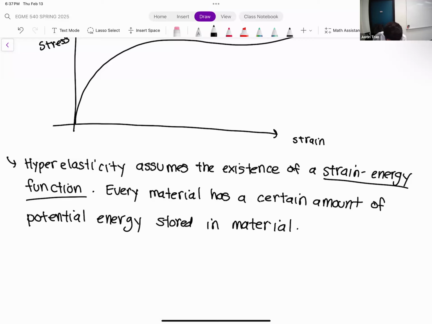As the material is stressed, and as the load is being applied, it's going to choose a deformation state, a certain configuration of the deformation, that's going to minimize this strain energy function, or minimize the potential energy.